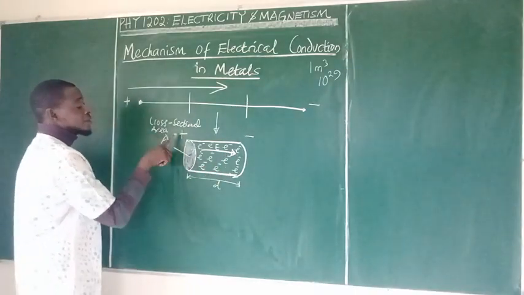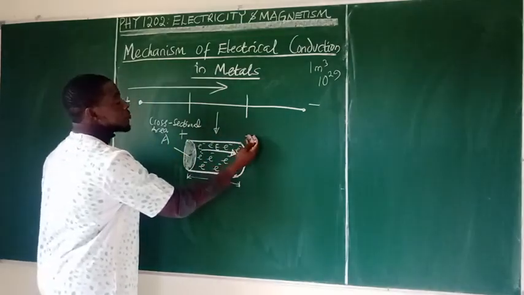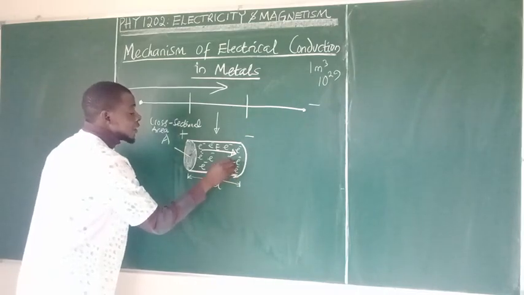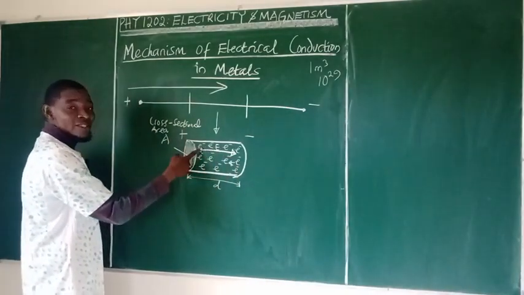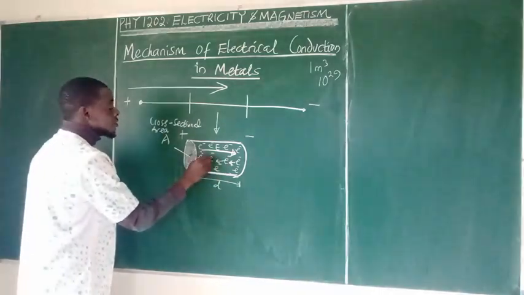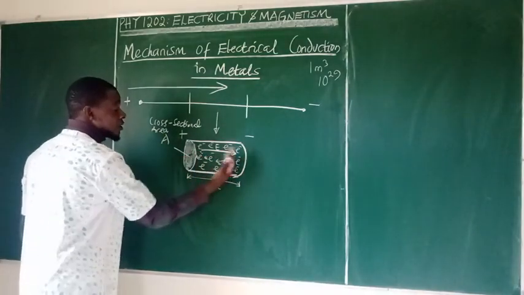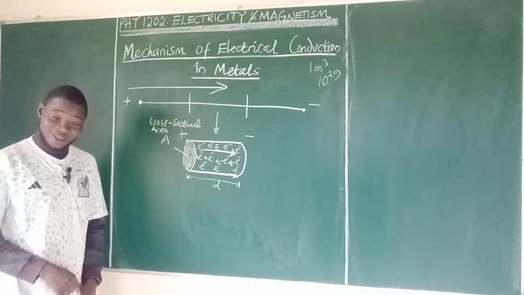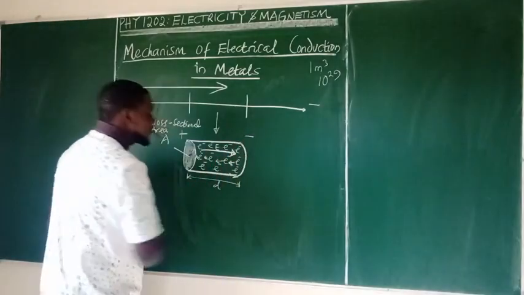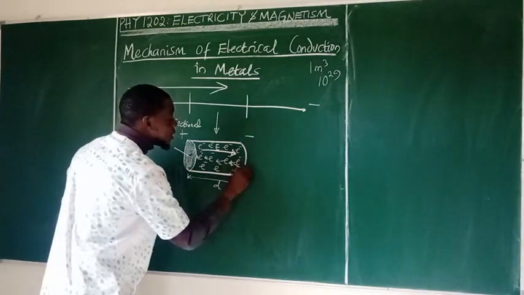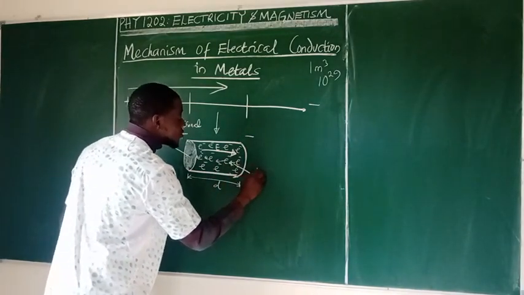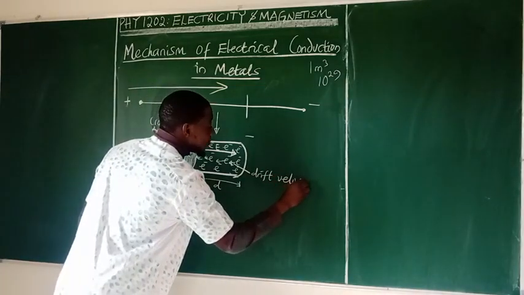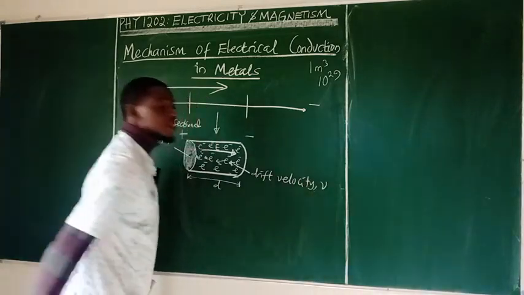They will be attracted by the positive end and repelled by the negative end. So they drift in a direction opposite to the electric field. All of them drifting in this direction is enough to generate current. And because they are drifting, they have a velocity that we call drift velocity, denoted by v.